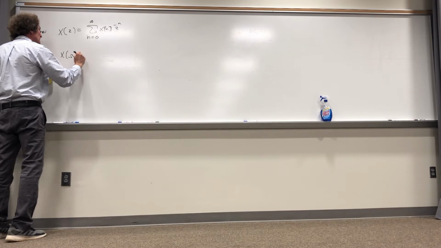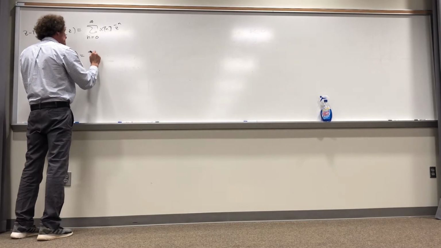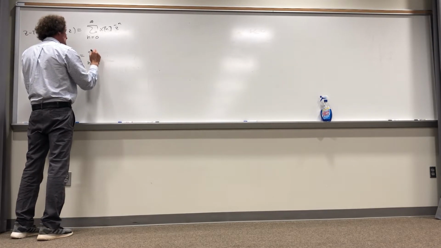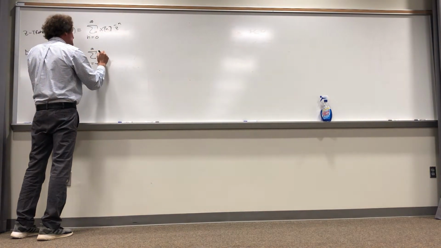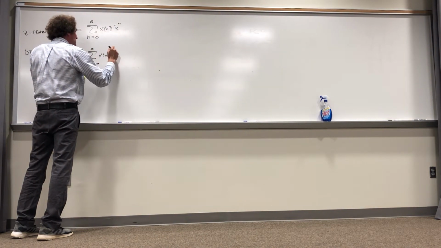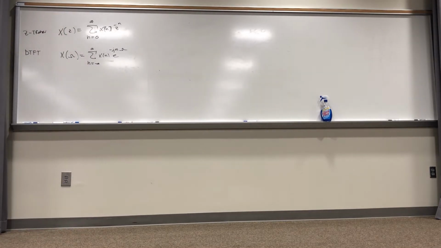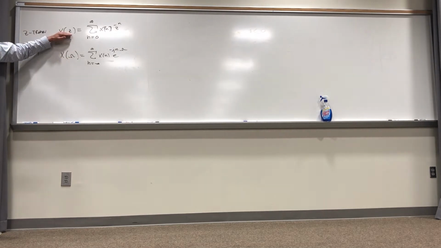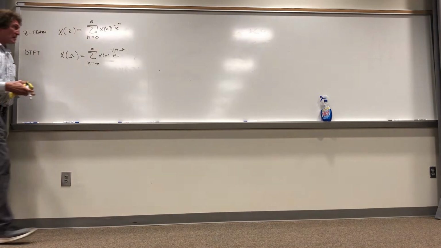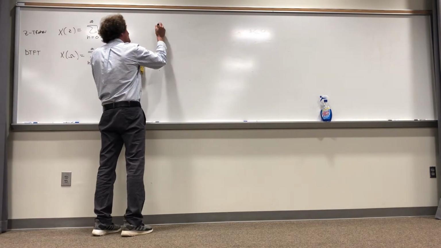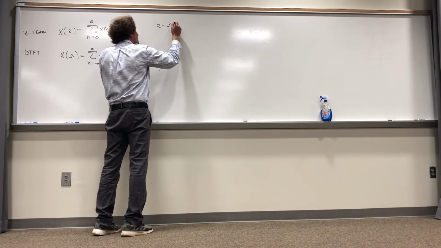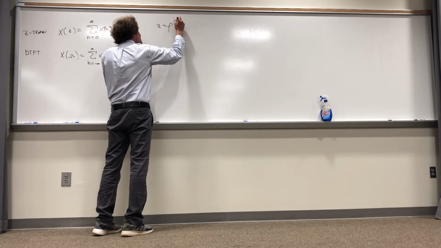X of omega was equal to the summation, n equals minus infinity to infinity, of x of n times e to the minus j n omega, right? That's the DTFT that we developed. Now let's take a look at this. If we look at these two, remember what z is. Z is equal to some magnitude rho times e to the j omega, right?